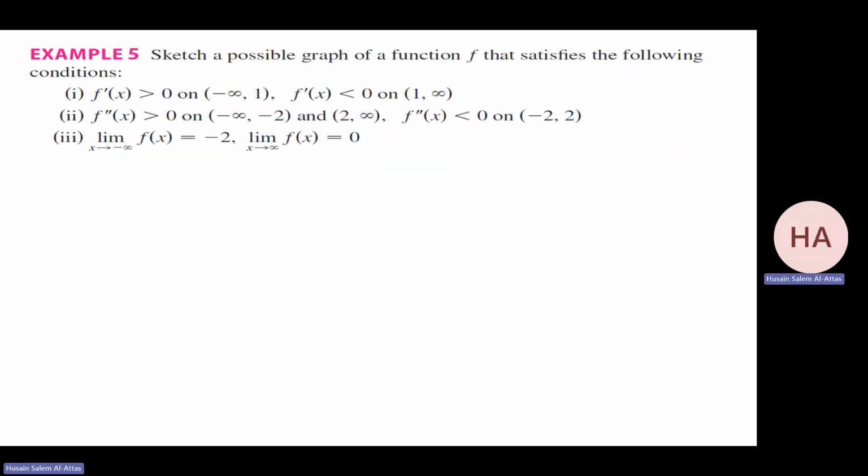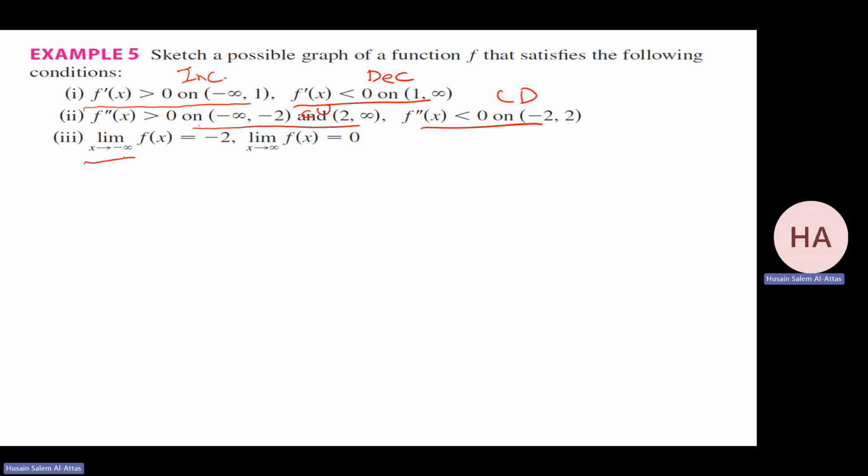Sketch a possible graph of a function that satisfies the following. Okay. Now it's the other way. I give you some information, and I want you to sketch the graph. F prime is positive, that means increasing, and this is decreasing. F double prime is positive, and this and that, so it's concave up, and this is concave down.